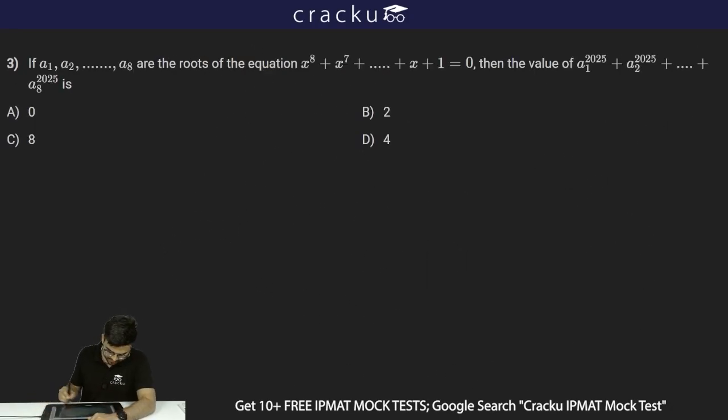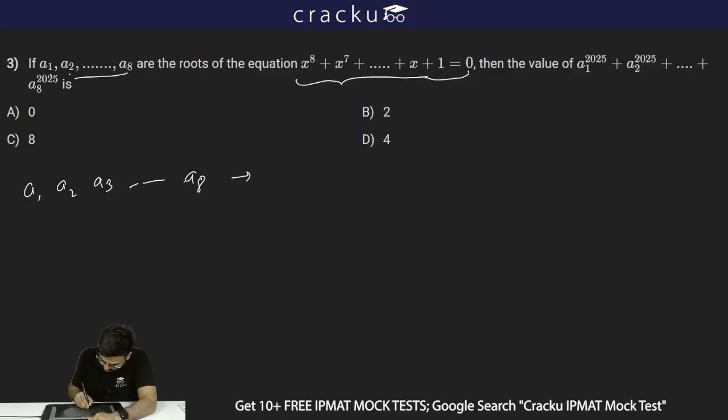In the next question it is given that a1, a2, a3, a4, a5, a6, a7 and a8 are the roots of the equation x to the power 8 plus x to the power 7 plus x to the power 6 up till plus x plus 1 is equal to 0. So a1, a2, a3 up till a8 are the roots of the equation.